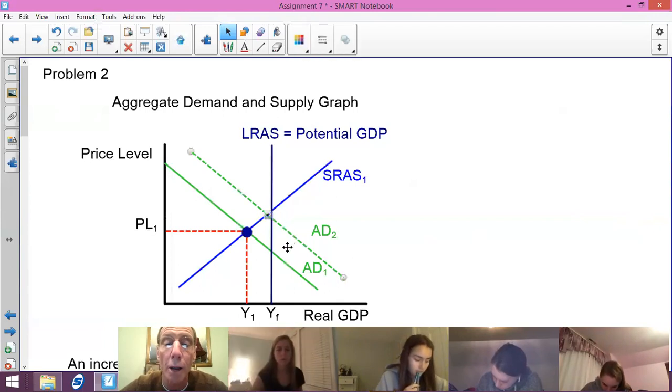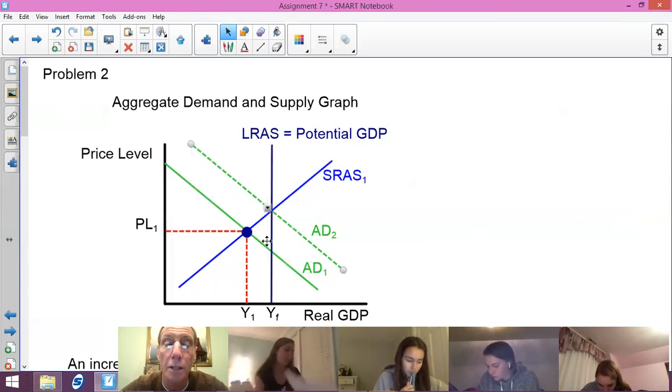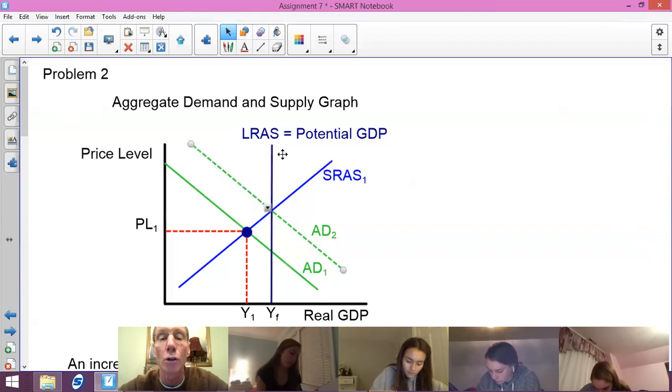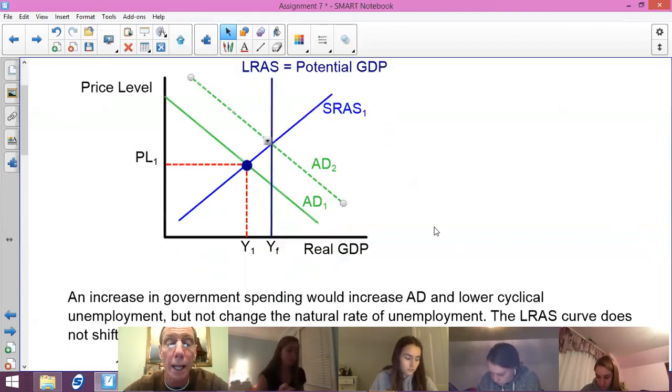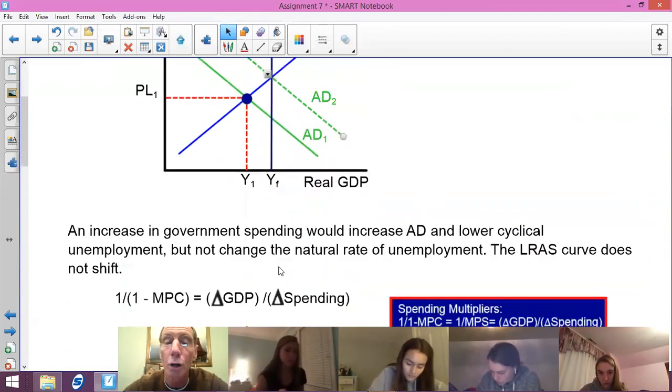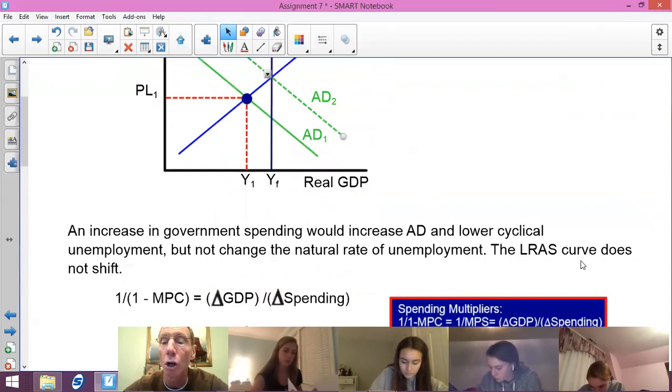And theoretically, that doesn't change at all because that's long run. That is determined by the potential in the long run aggregate supply. And so cyclical unemployment goes down, and there is no change in the natural rate of unemployment, YF, because the long run aggregate supply curve does not shift.